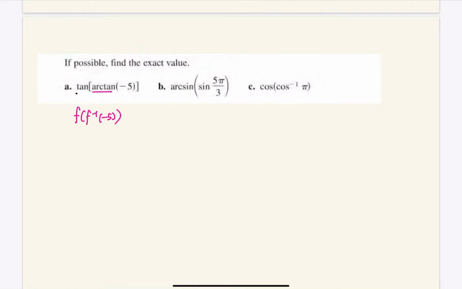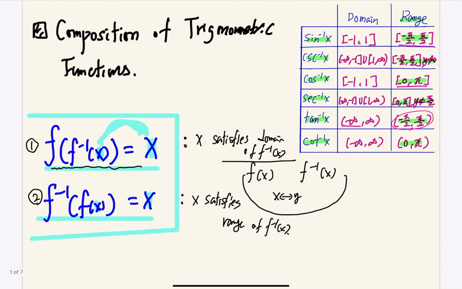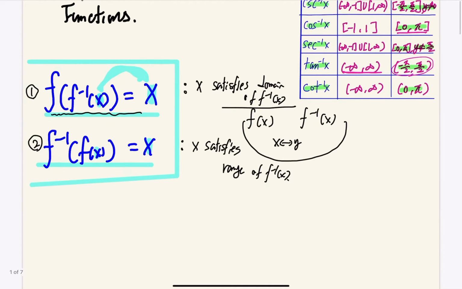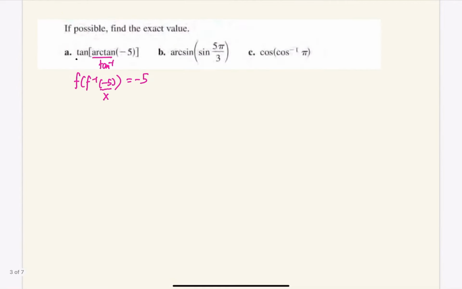Because arctangent is the same as tangent inverse. If that number, which is x, satisfies the domain of inverse tangent, the answer is -5. What was the domain of inverse tangent? The domain of inverse tangent is all real numbers, between -infinity and +infinity. -5 is a real number, right? So the answer is -5.